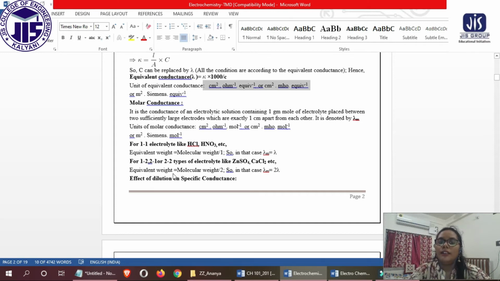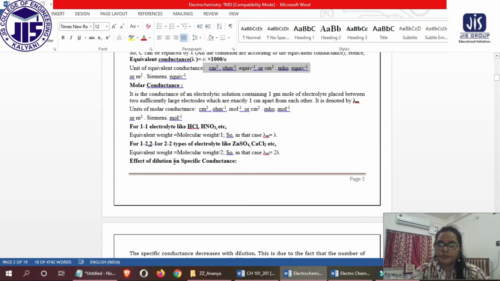Now for electrolytes like HCl, HNO3, etc., these are strong electrolytes. Why strong? Because when we dissolve HCl or HNO3 into water, they completely dissociate into H plus and Cl minus, or H plus and NO3 minus.